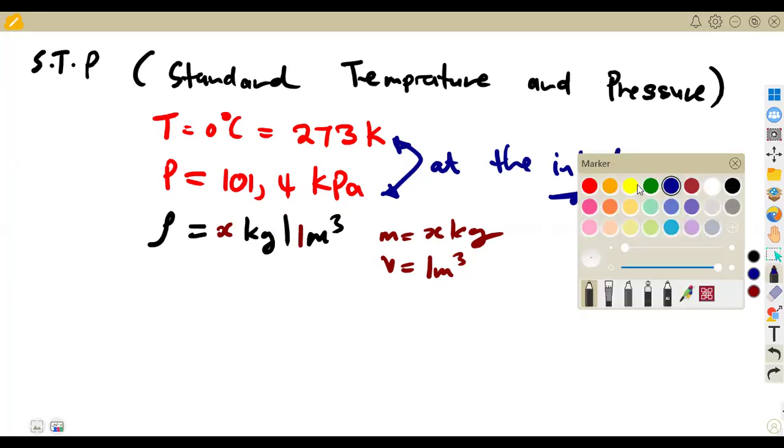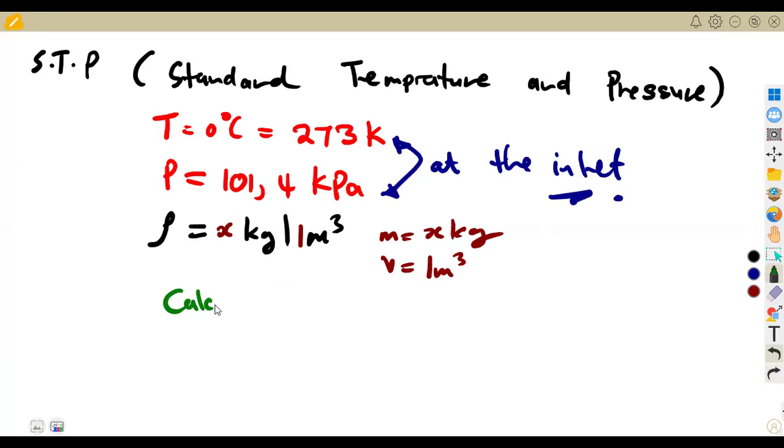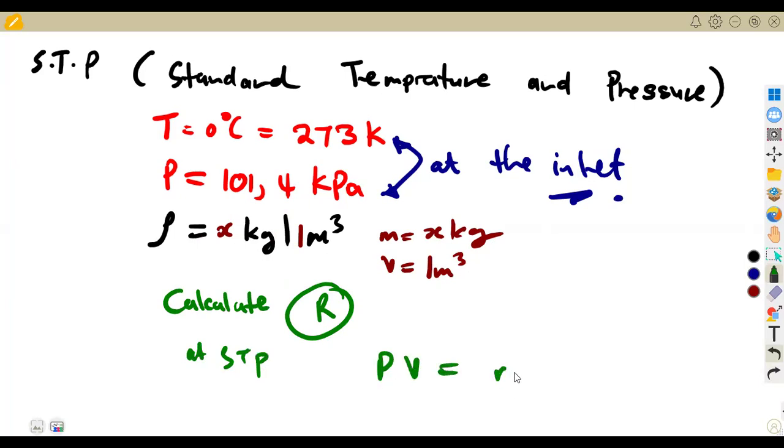We use this information, in most cases, to calculate R. At STP condition you take PV equal to MRT. The pressure and the temperature at STP are given, and you want to calculate R. The volume and the mass you do not take from what you are given in the question, even if you are given a mass of 3 kilograms and a volume at V2 or T1.